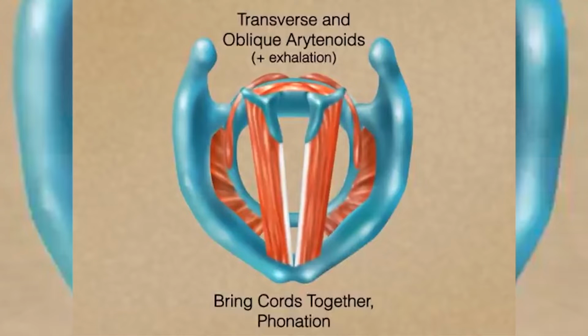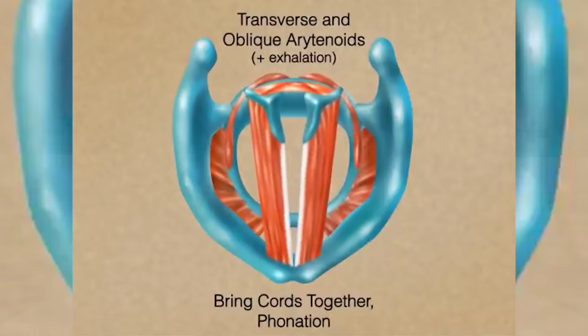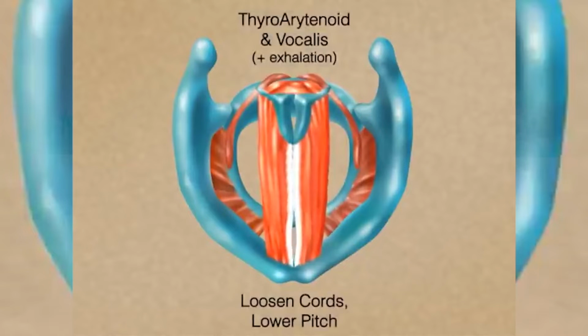Then we have the pitch. This is an increasing frequency of vocal fold vibration, and that raises the pitch. So if the vocal cords are moving faster, this Bernoulli effect is being done faster, that means that you will have a higher pitch. And if they get done slower, that means that you will have a lower pitch.